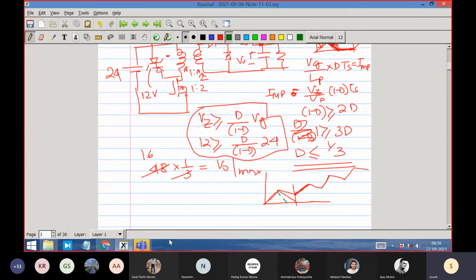It doesn't affect the Zener, the magnetizing current volt-second balance or the transformer coil volt-second balance. So if you are using 12 volt, you are constrained by the condition of the magnetic circuit, the transformer flux balance, that you have to have duty ratio less than 1/3.